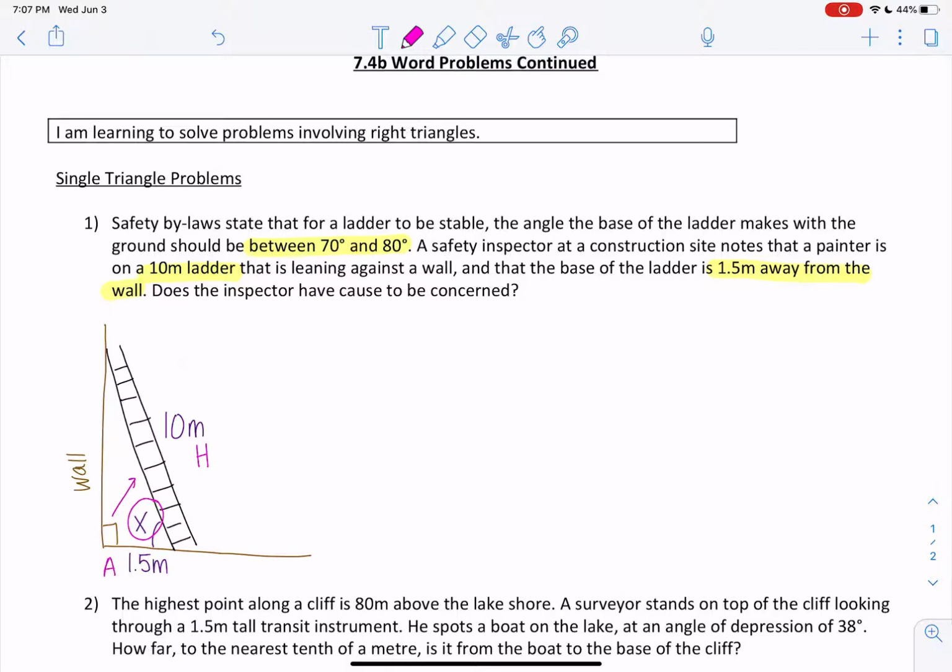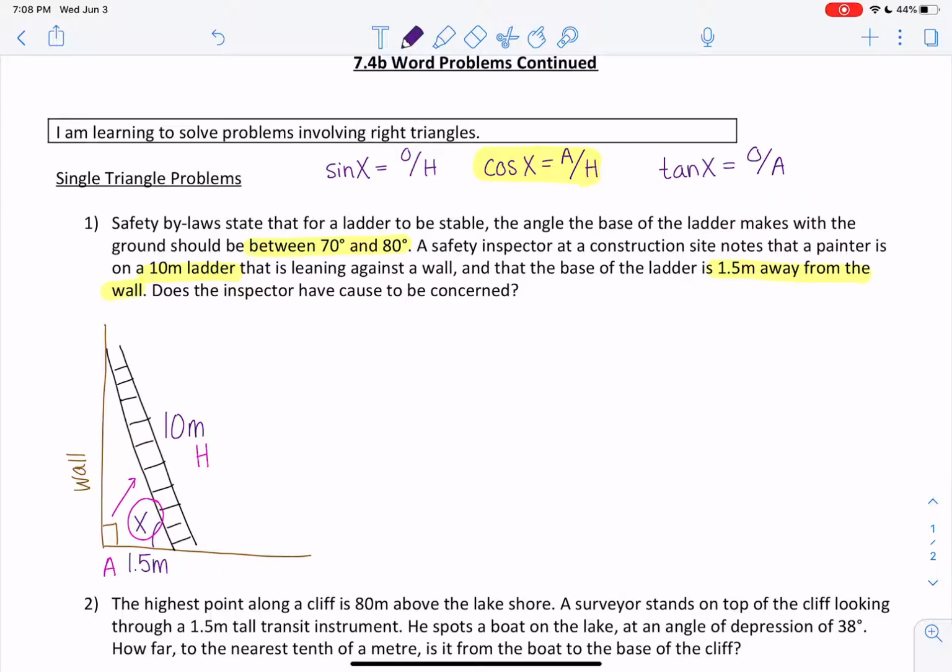So if we remember SOHCAHTOA, we have sine x is opposite over hypotenuse, cosine of x is adjacent over hypotenuse, and tan of x is opposite over adjacent. So because in example 1, I only have values for a and h, the only ratio I can use is cosine, because that's the only one that has an a and an h.